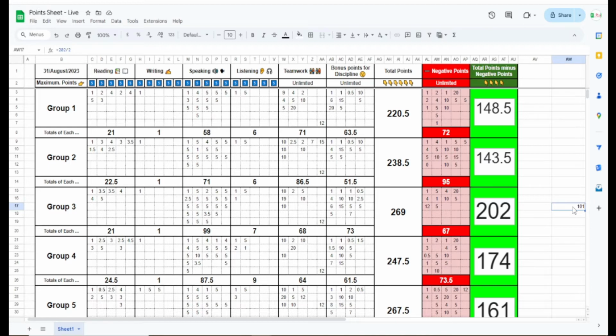We can give the points to the children individually, having a list of names and the different criteria, and grading or giving the points accordingly. Here, what I did was consider groups.